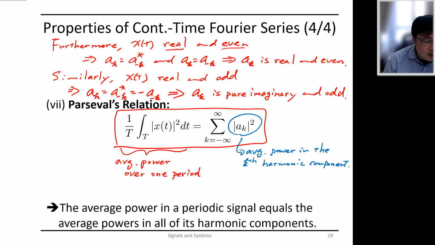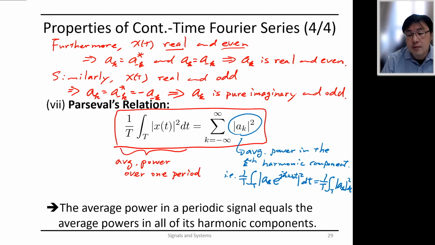Now this is because if you take the average power of the kth harmonic component, which is ak e to the j k omega naught t squared dt, this is simply equal to 1 over T integral ak squared dt.